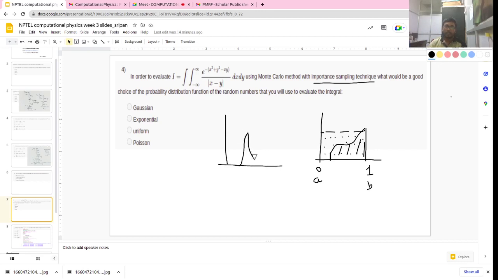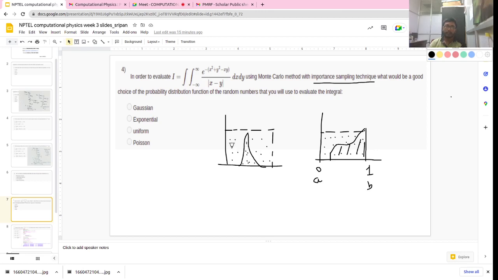Okay, so what happens if the profile of your integrand is this kind, instead of this type of shape? If you have this localized shape and you are again taking a rectangle there, and generating uniform random numbers, each of these random numbers will have uniform probability, and the sampling of random numbers within this particular profile of the function will be very less.